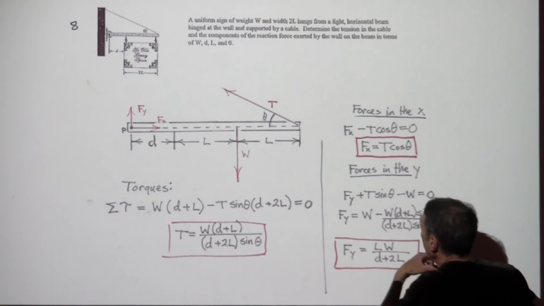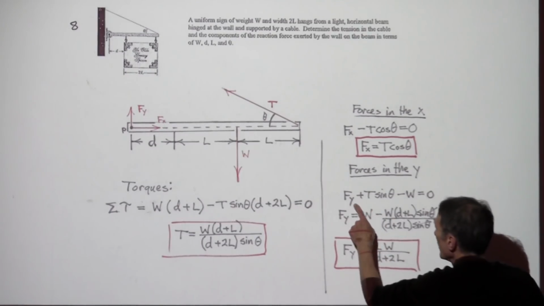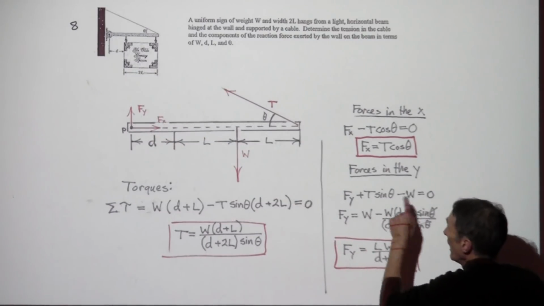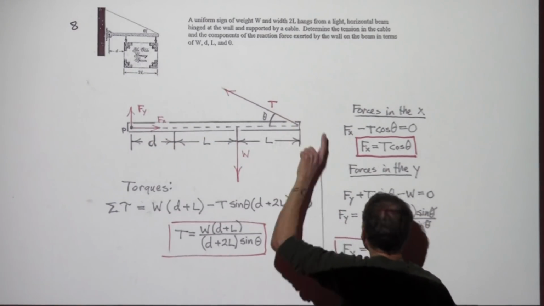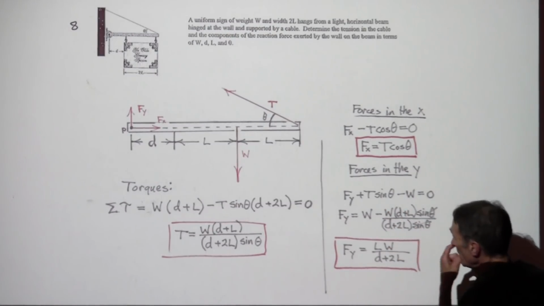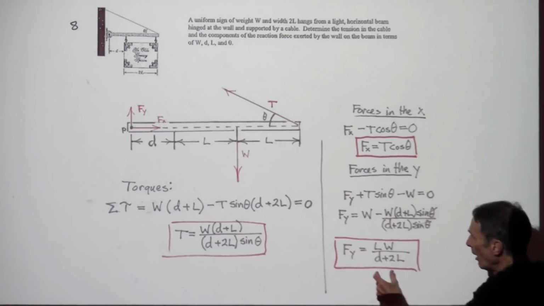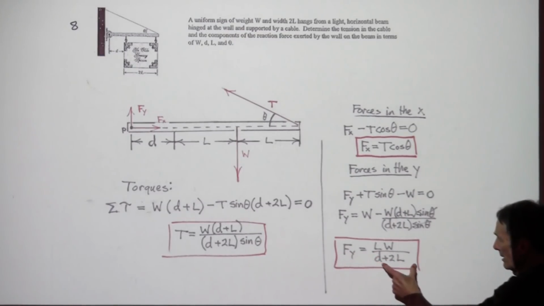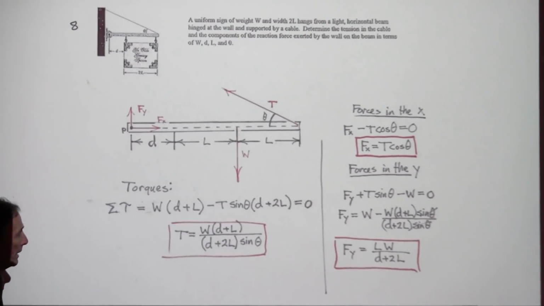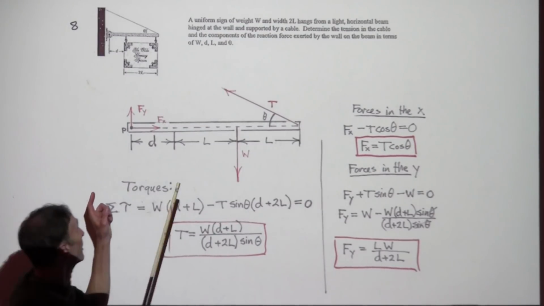And then the forces in the y direction: the tension has a component that's up, T sine theta, and W is down. So the force in y is a function of these things.